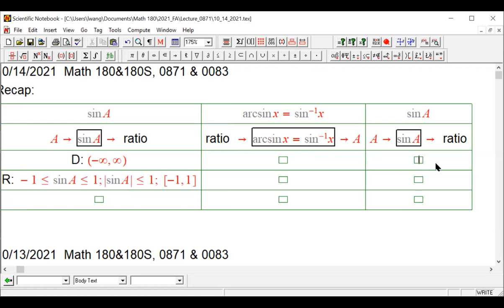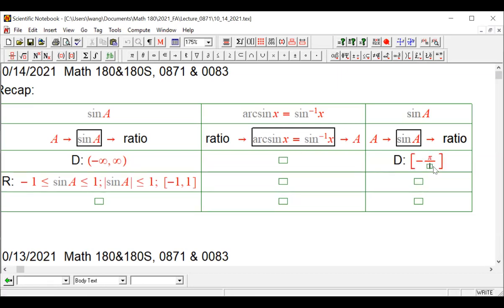And the domain, however, for that sine is between negative pi over 2 to pi over 2. And so these two are inverse to each other.